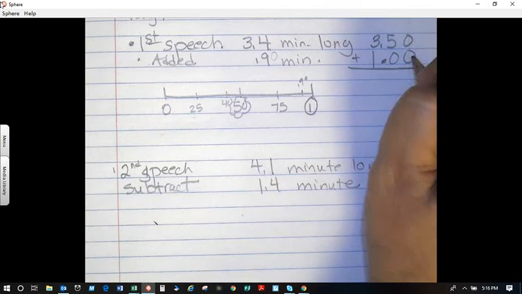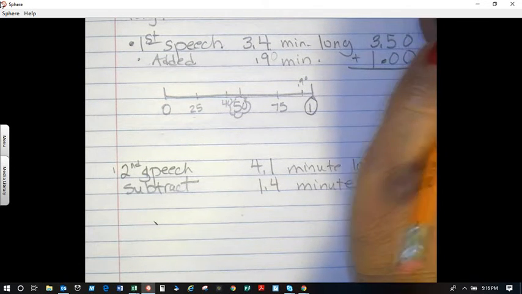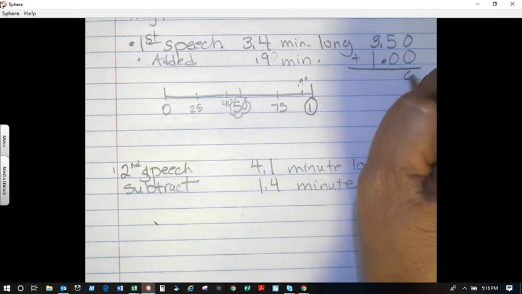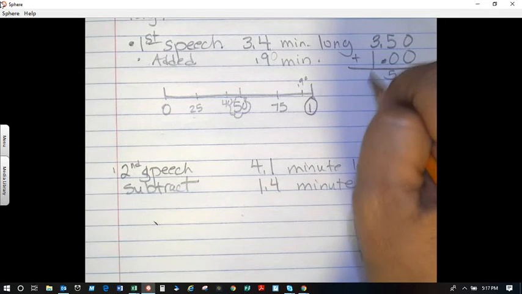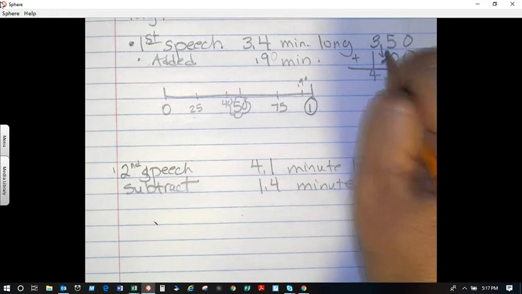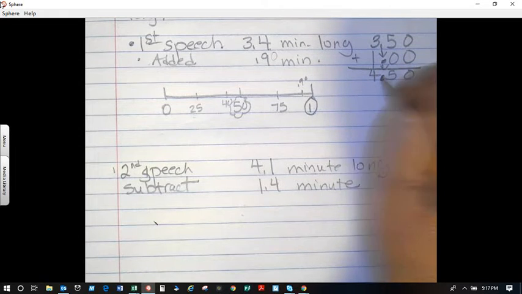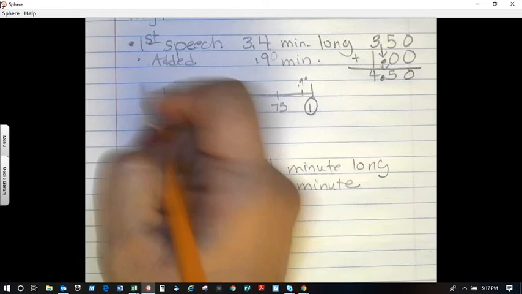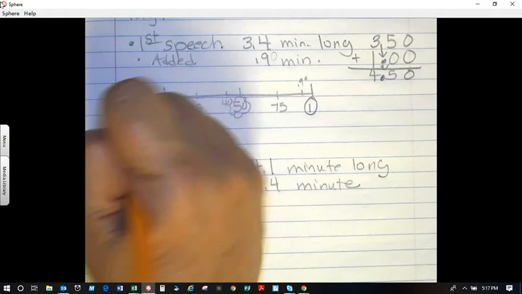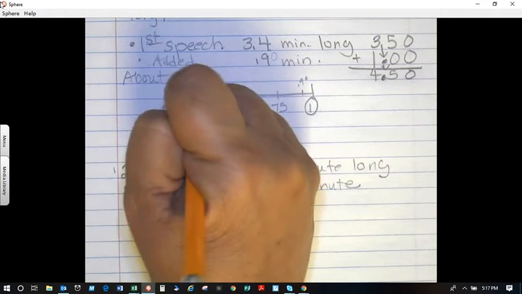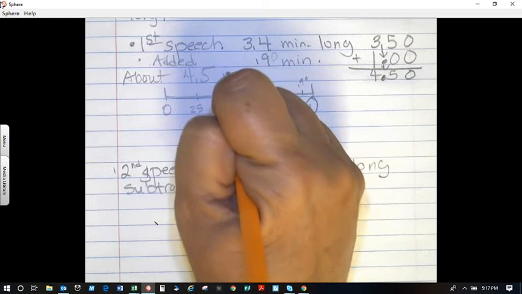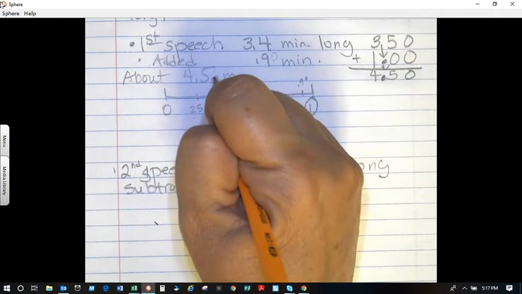So starting from my right, moving to the left, 0 plus 0, 5 plus 0 is 5, and 3 plus 1 is 4, bringing down my decimals. So for the first speech, he used about 4.5 minutes, or 4 5/10, or 4 50/100, whichever way you want to look at it.